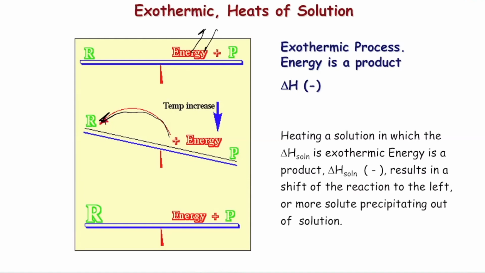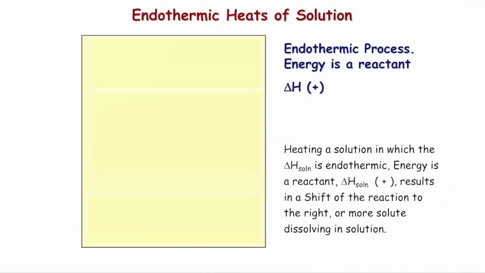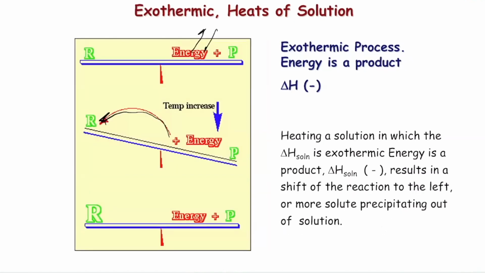When you cool it down, it's like removing the energy. So in that particular case, what you will get is a teeter-totter that looks like this when you remove energy.